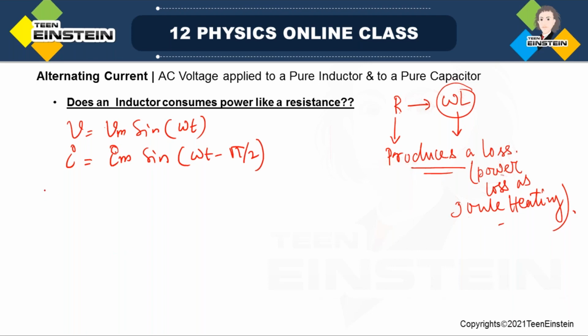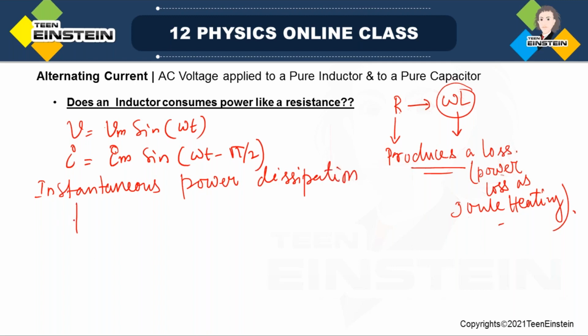Now if we want to find the instantaneous power dissipation, I'll write a small p, which I can write as V into I. Then I can write Vm Im.